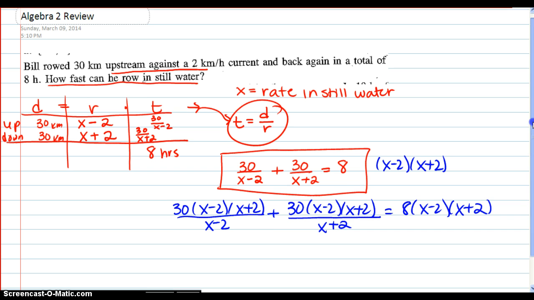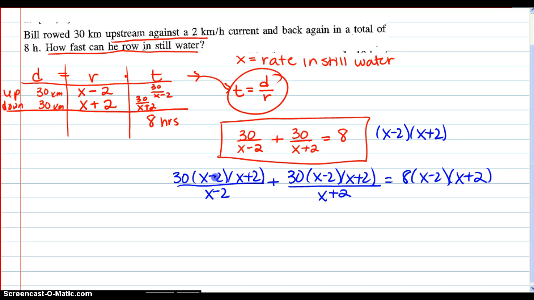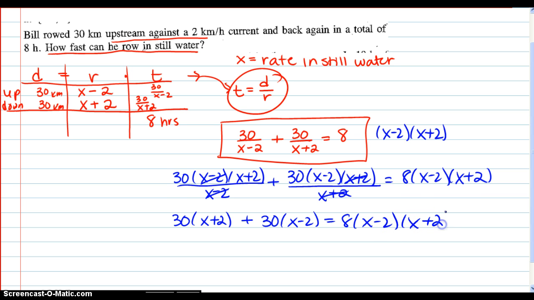Then from here we cancel, just like we did in our previous problem. So cancel, cancel, cancel, cancel. So I'm left with 30 times x plus 2 plus 30 times x minus 2 equals 8 times x minus 2, x plus 2.